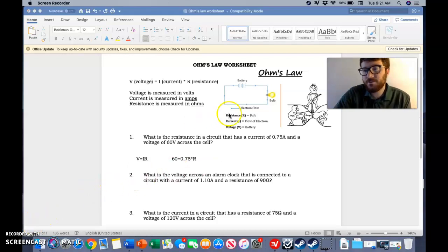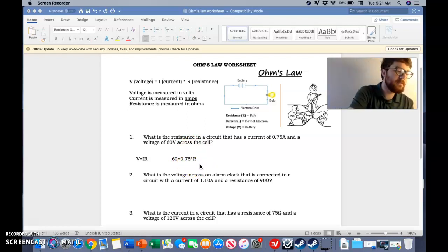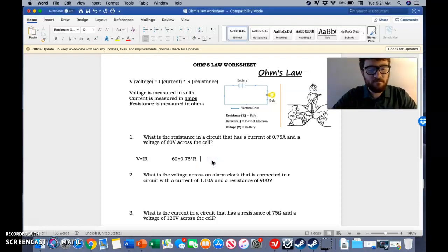Then you're just going to treat this like a regular algebra problem. You're going to divide both sides by 0.75 to isolate the variable. 60 divided by 0.75, I'm putting that into my calculator. And you should get R equals 80 ohms.